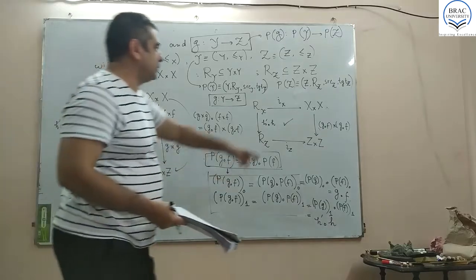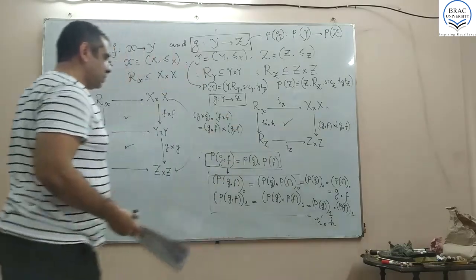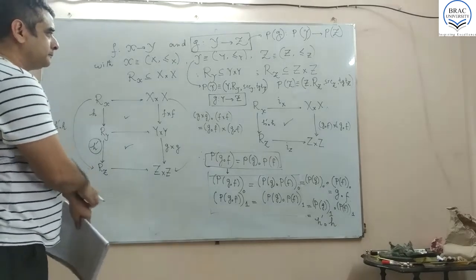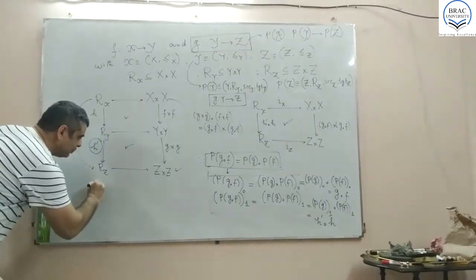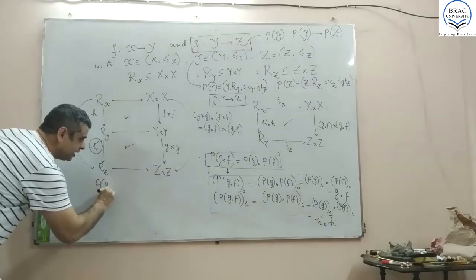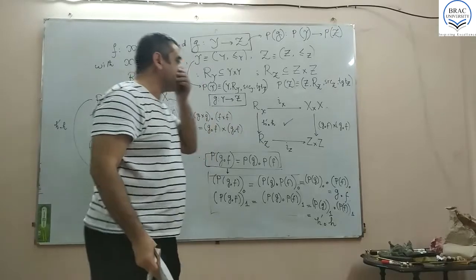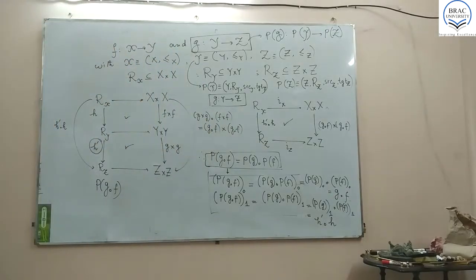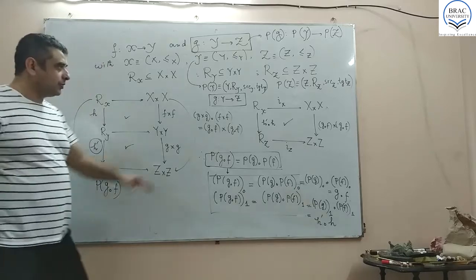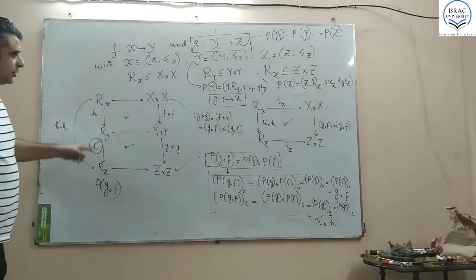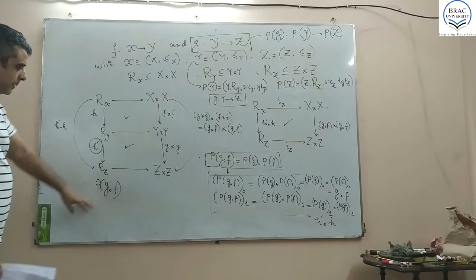Now, from this picture, we see that G composed with F is a graph homomorphism. This is the commutative diagram associated with it, this commuting rectangle.